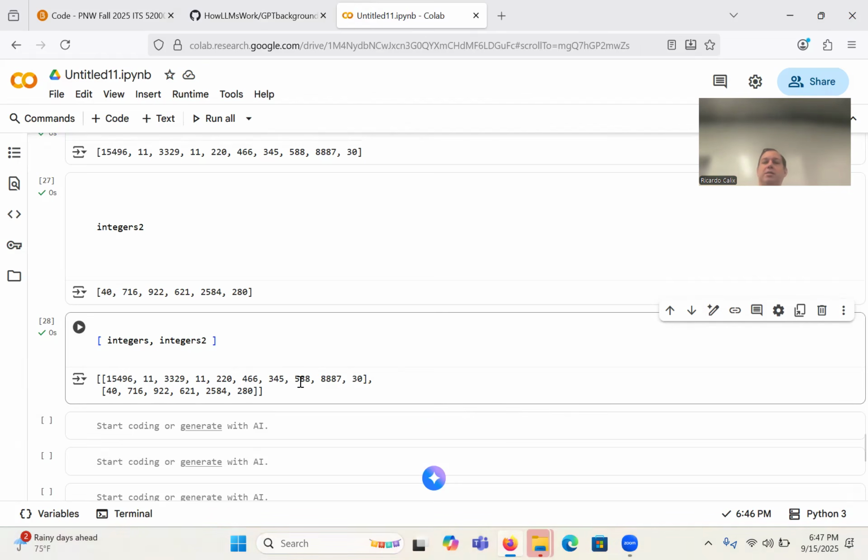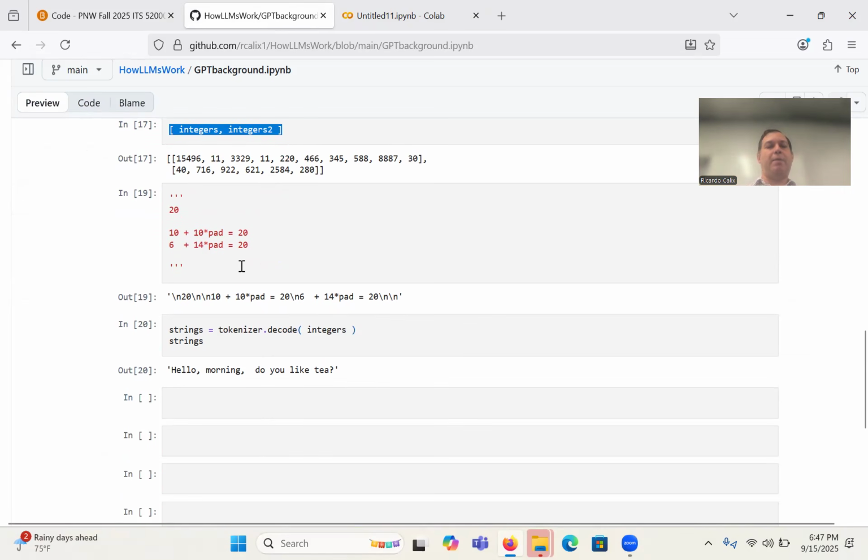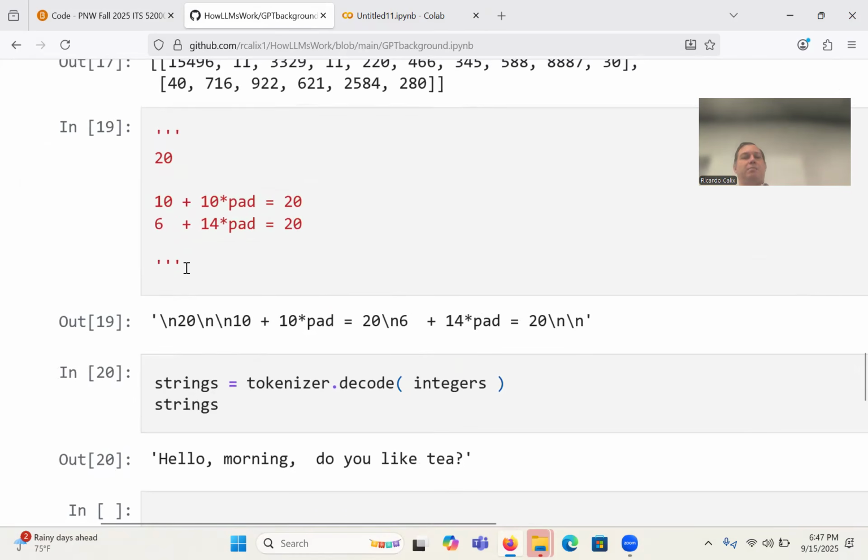And then each one of these, like 345, 588, through the embedding that we saw last week, will be converted to embeddings of size 512, so that we end up with a tensor that is 2 by 40 by 512. Remember that? So that's essentially all that needs to happen there. Here, we just need to add some padding, as you can see in this example, so that they have the same size.